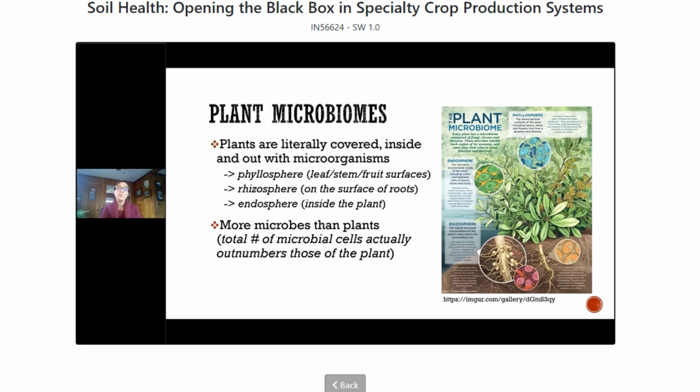And so most of these communities that inhabit plants come from the soil. And while it may seem hard to believe, just like us, plants actually are more microbes than they are plants because the number of microbial cells actually outnumbers those of the plants. And so there's a lot of interest in understanding what exactly are these microbes doing.